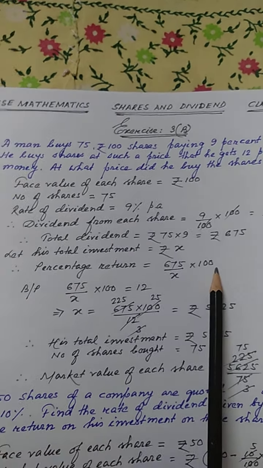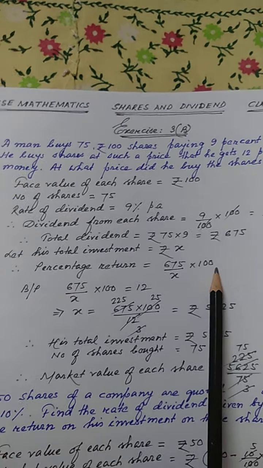Next, sum number 4. It's given rupees 50 shares of a company are quoted at a discount of 10%. Find the rate of dividend given by the company and the return on his investment on these shares being 20%.